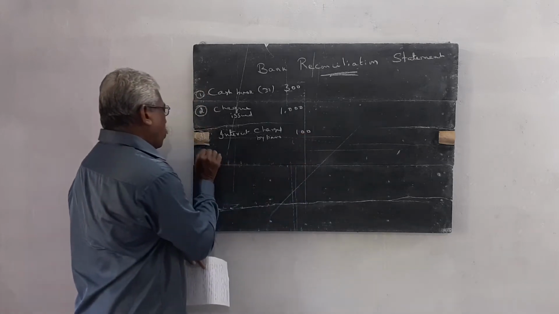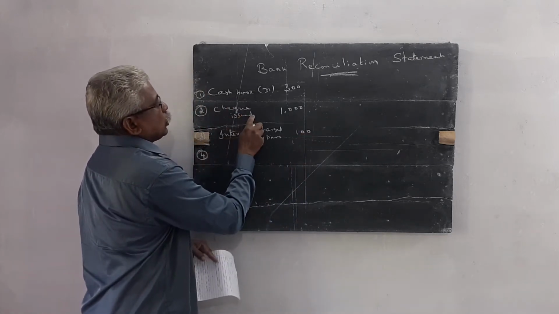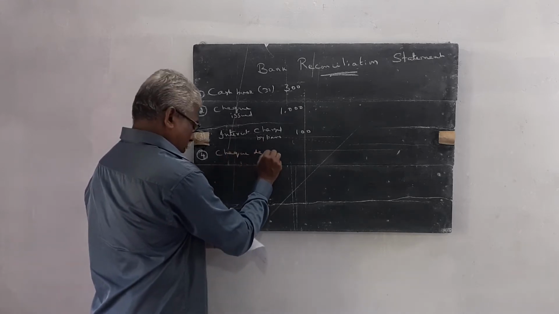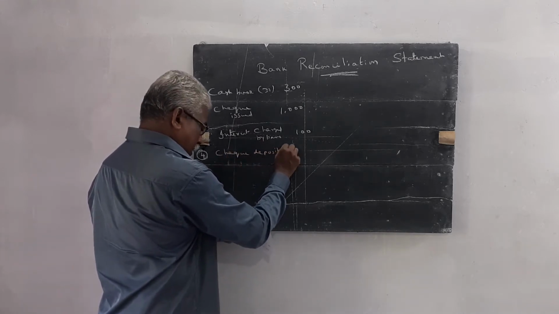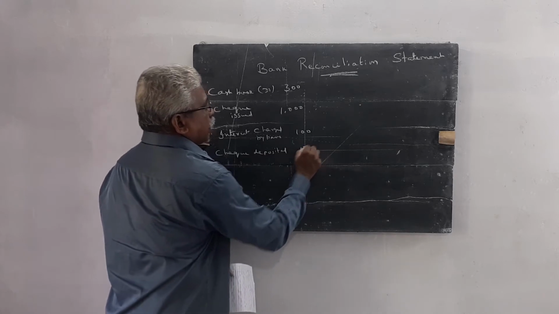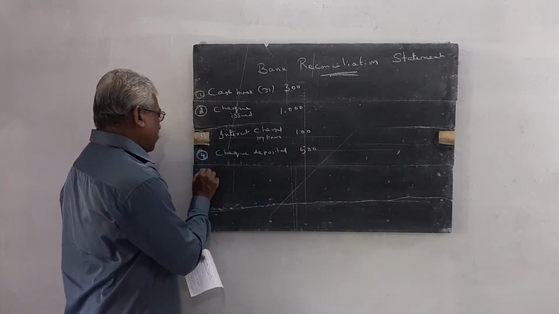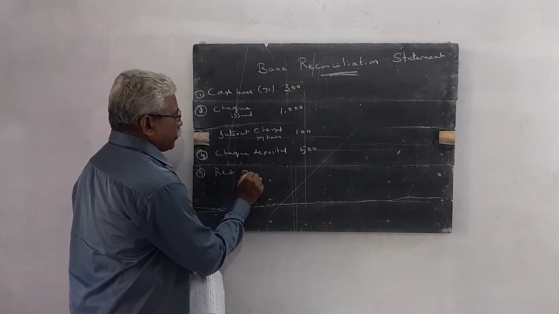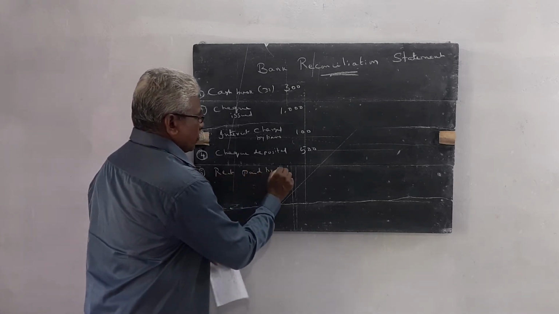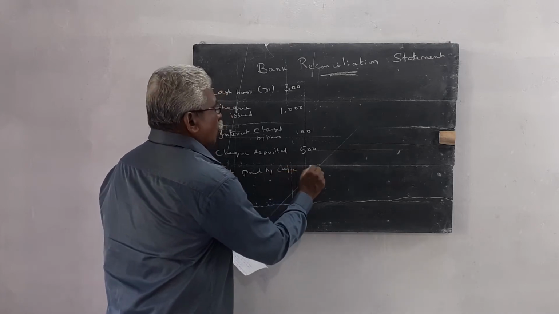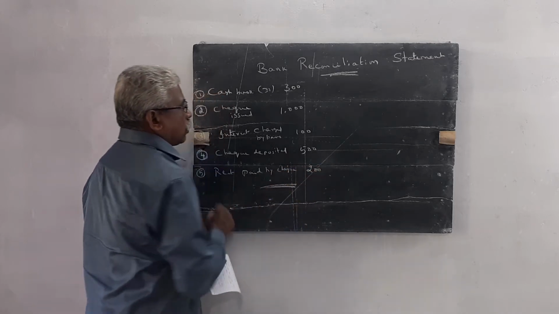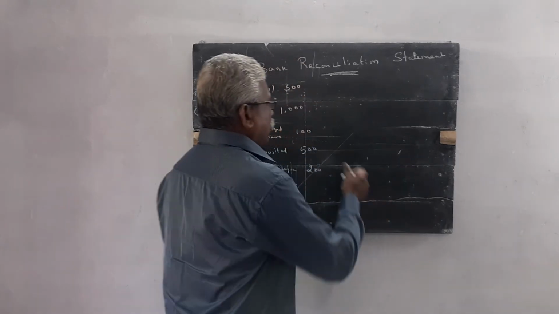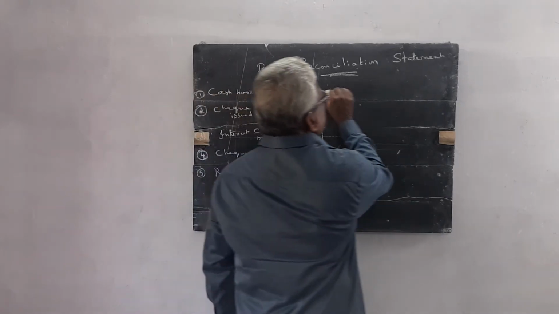Then point number 4, likewise, cheque deposited, rupees 500, but not credited by the bank. Then point number 5, rent paid by cheque, rupees 200. How do we solve this question? First we draw the columns. It is a statement, so we have to prepare the statement.